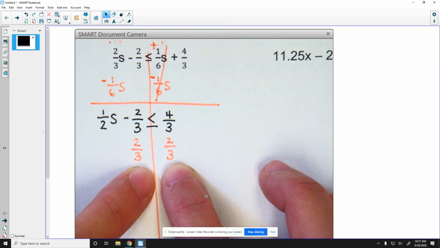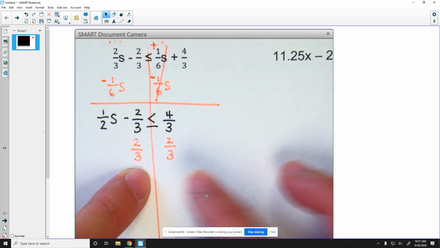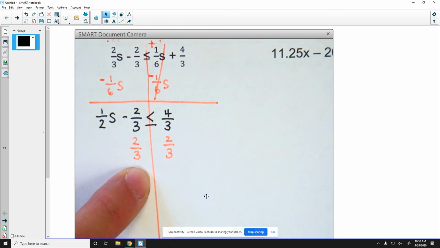Look at the symbol before and do the opposite. Okay, Daniel, what's opposite of negative 2/3? What's opposite of negative, Daniel?